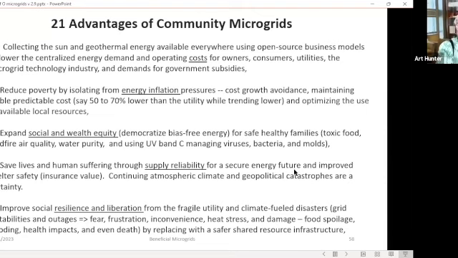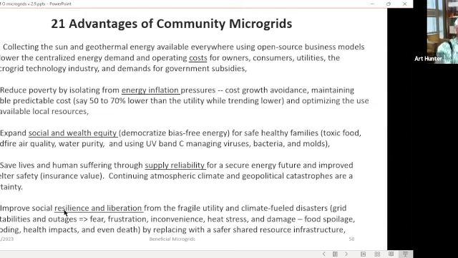And we also have smoke and other issues which are happening, but in a microgrid you can make accommodations for that. And we know that atmospheric, climatic, and geopolitical catastrophes are a certainty to increase. So reliability, big issue.